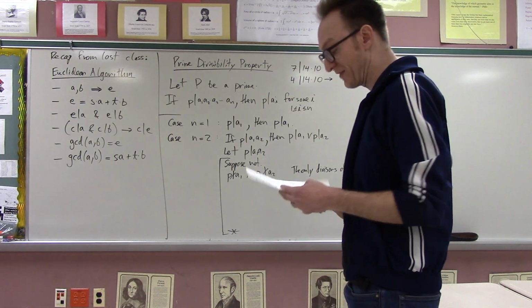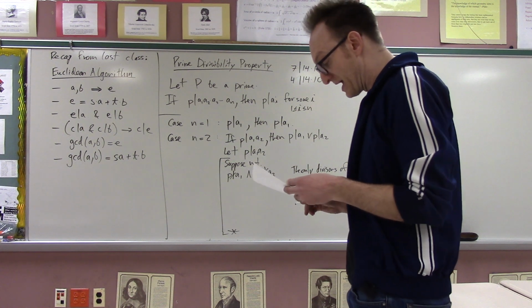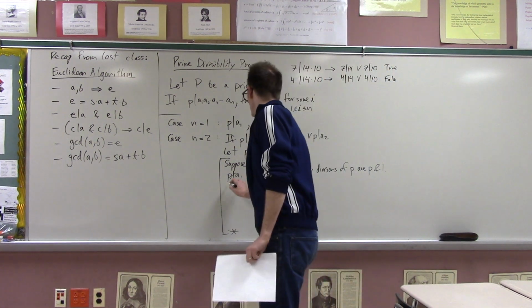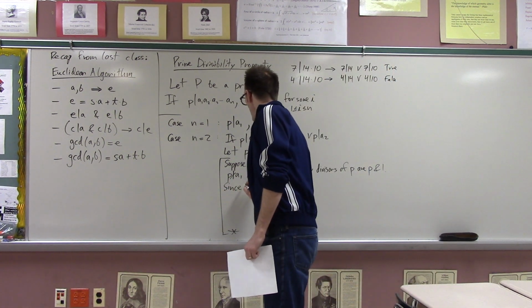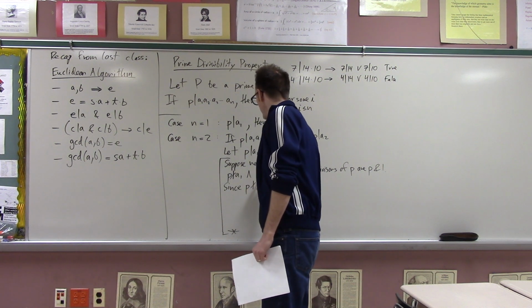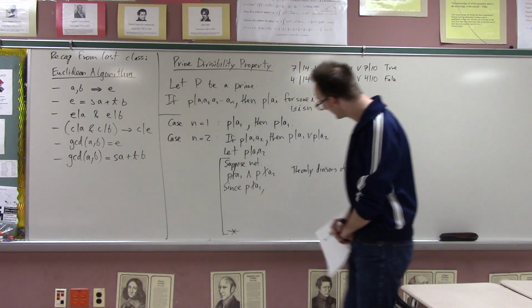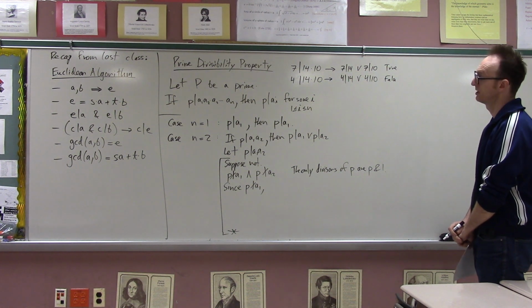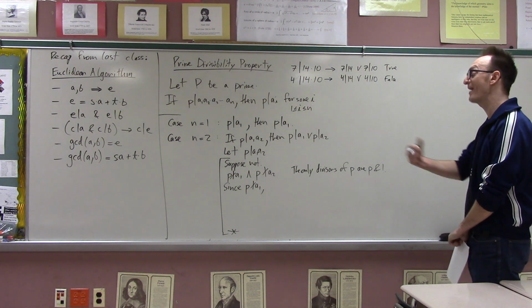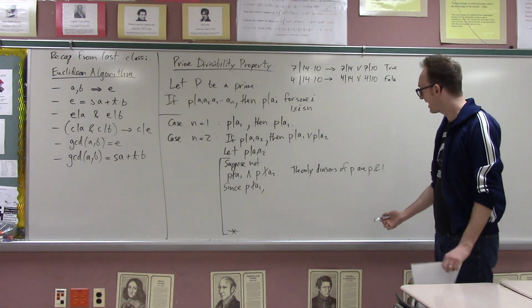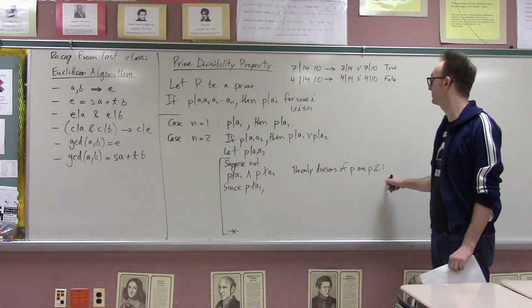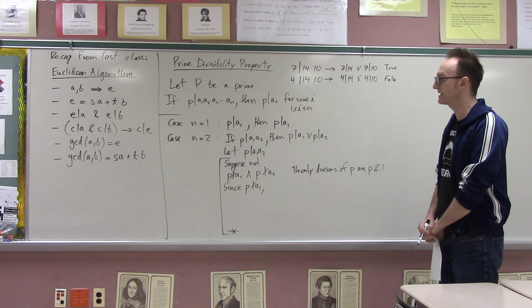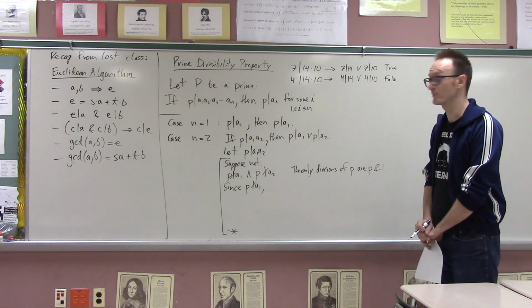Now since p doesn't divide a1, p is not a factor of a1, and the only factors of p are p and 1, so that means that p and a1 have no factors in common.